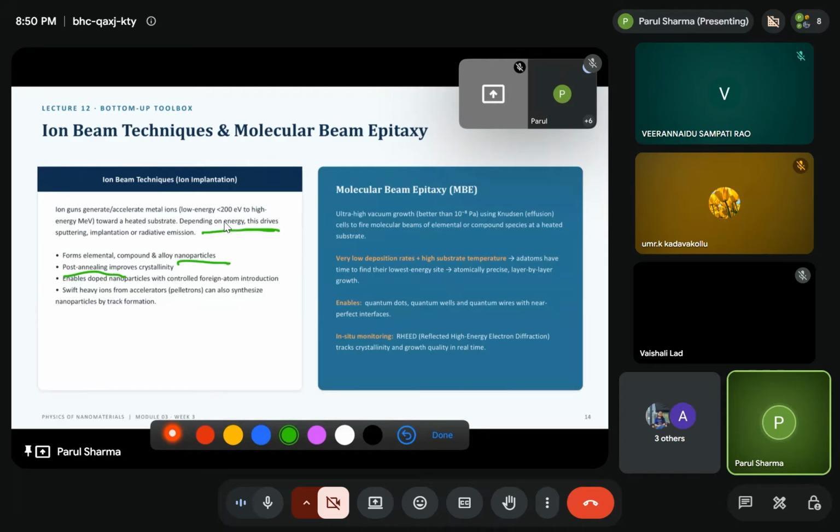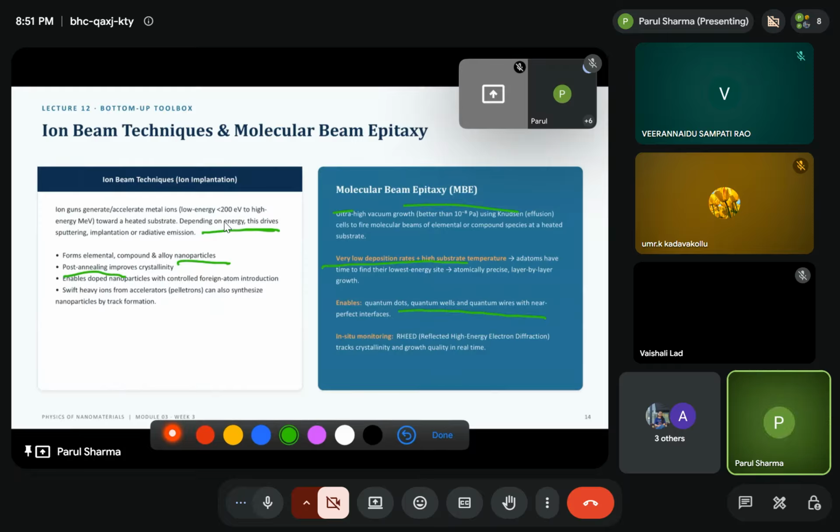And in MBE, we are using ultra high vacuum, and it gives very low deposition rates, but if we want crystallinity and purity, then we always use MBE. It enables the formation of quantum dots, quantum wells, quantum wires, and the monitoring is in situ, so while depositing also.